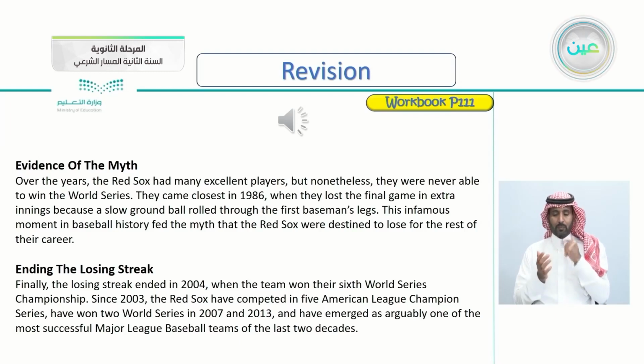Ending the losing streak. Finally, the losing streak ended in 2004, when the team won their 6th World Series championship. Since 2003, the Red Sox have competed in 5 American League Champion Series, have won 2 World Series in 2007 and 2013, and have emerged as arguably one of the most successful Major League Baseball teams of the last 2 decades.